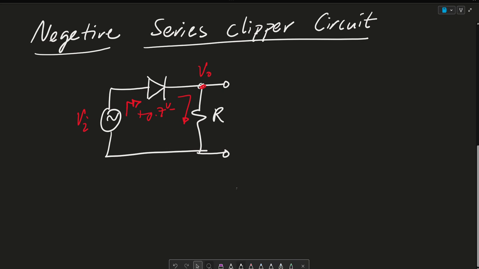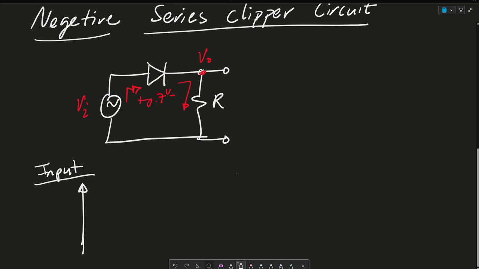So for example, if your input looks like this, imagine this is 10 volts and this is negative 10 volts. If my input has a positive wave, let's go ahead and draw our output as well.